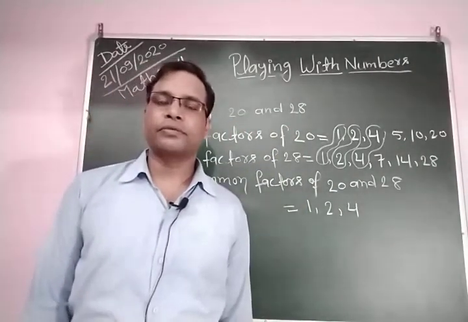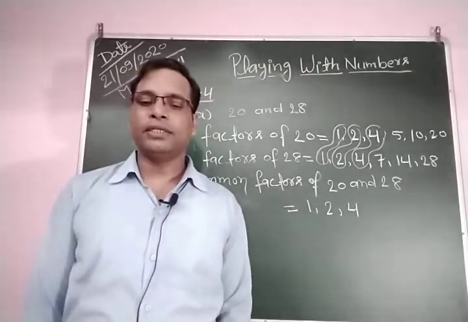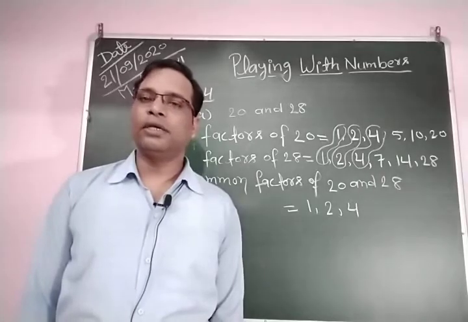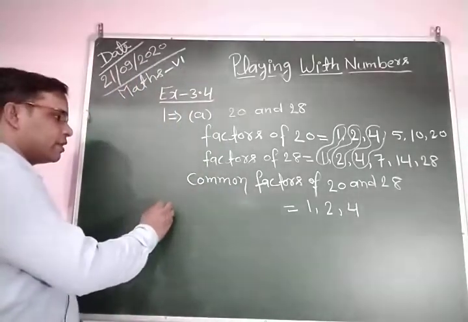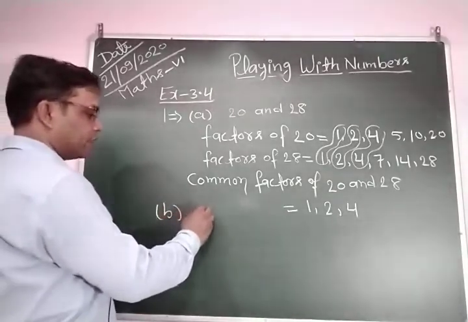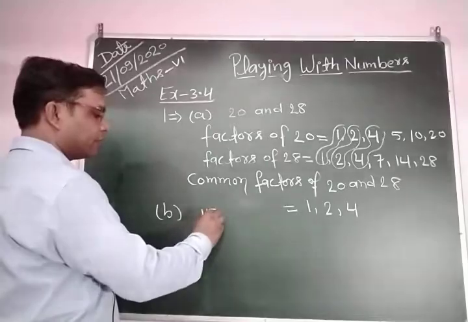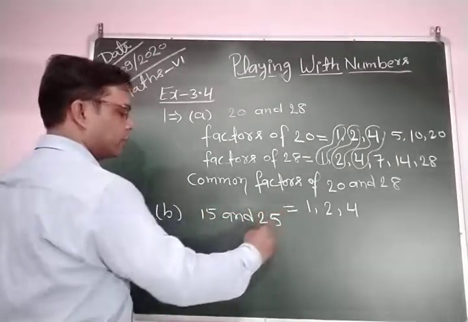Now the B part of this question is to find the common factors of 15 and 25. This is the A part, this is the B part. You need to find the common factors of 15 and 25.